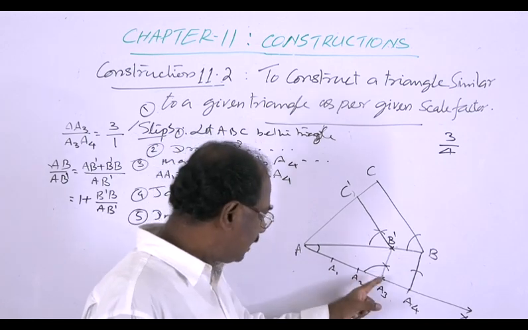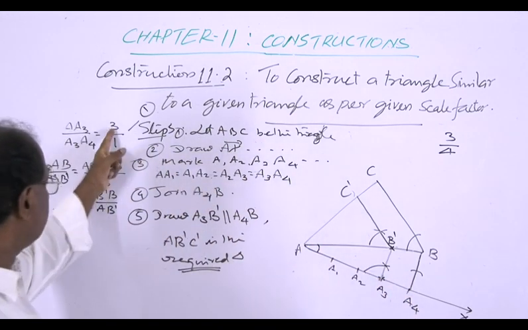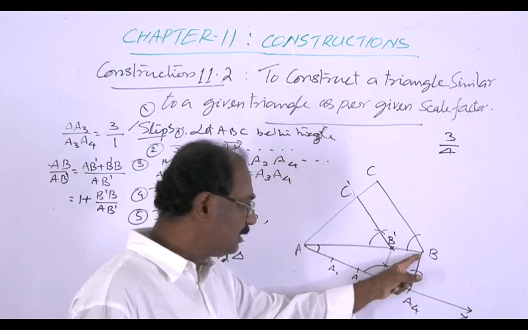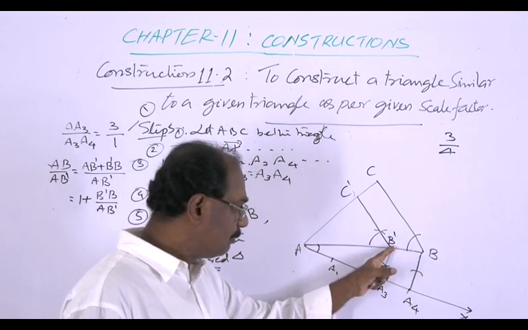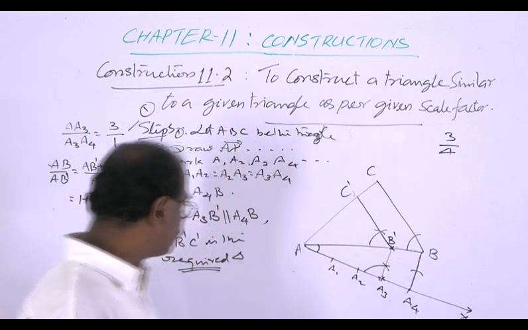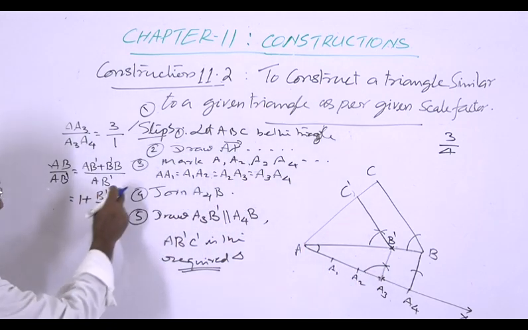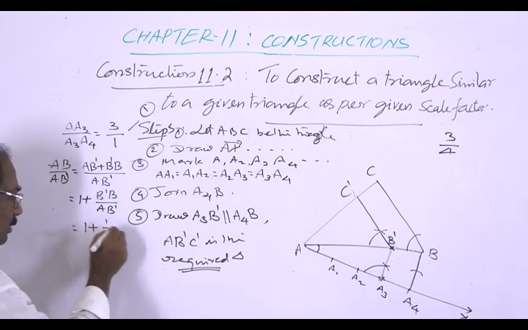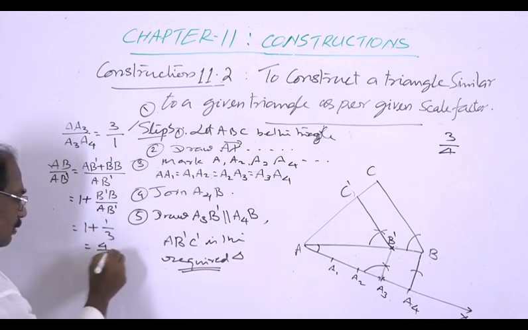And A3 by A3A4 is 3 by 1. Therefore, AB dash by B dash B is 3 by 1, or B dash B by AB dash is 1 by 3. So 1 plus 1 by 3 is equal to 4 by 3.